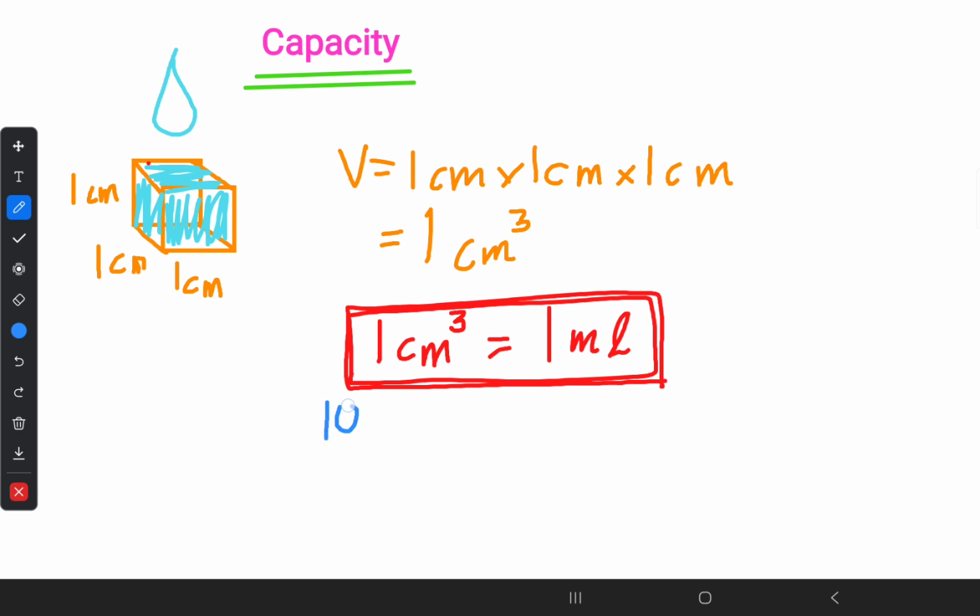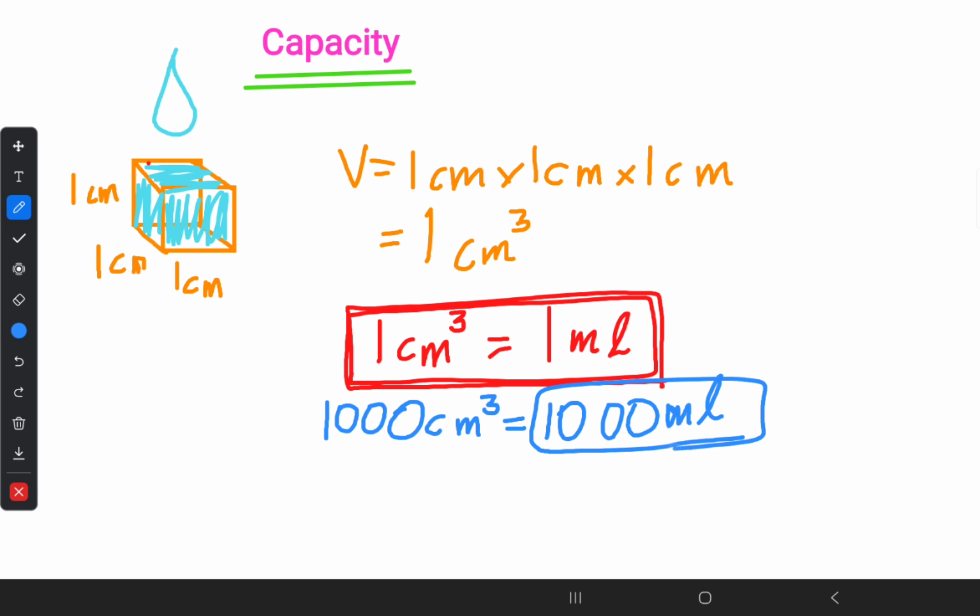Likewise, 1000 cubic centimeters should equal 1000 milliliters. When we increase the cubic centimeters, the milliliters also change accordingly. So 1000 cubic centimeters equals 1000 milliliters.